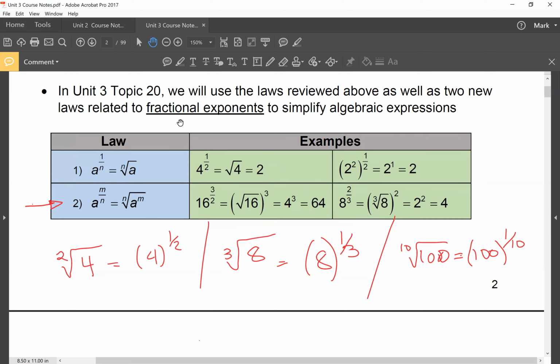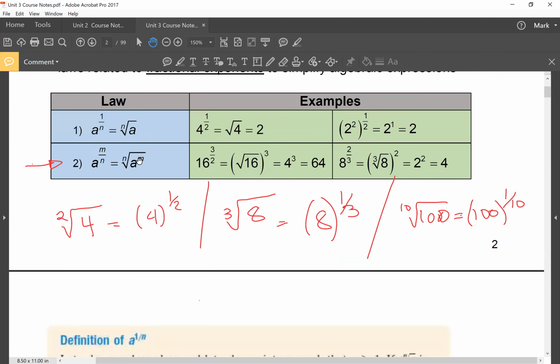Rule number 2 or law number 2 is just an extension of that law. If I took a number, let's say 6, and I raise it to 2/3, this could be simplified as 3 root 6 squared.